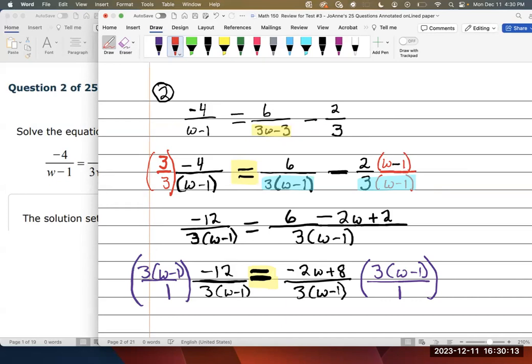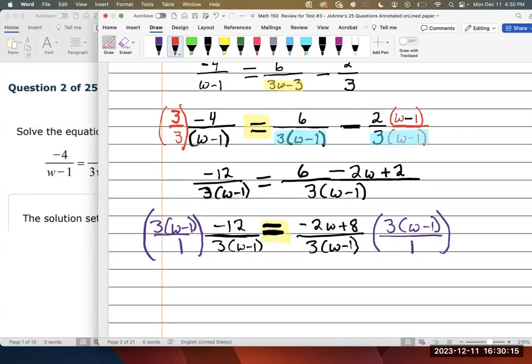The reason I'm choosing to multiply both sides by this value is the left side, when I multiply out, will reduce to be a negative 12 on the left. On the right side, because this mystery is the same value as this mystery, they will reduce. And I'm left with just a negative 2w plus 8 on the right.